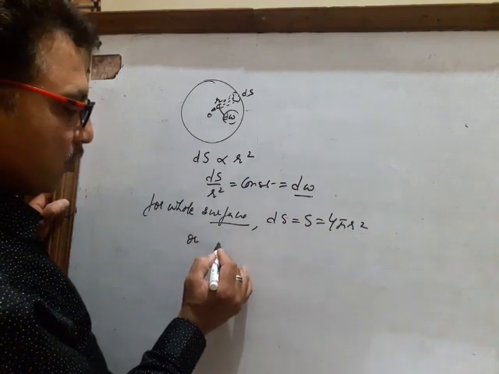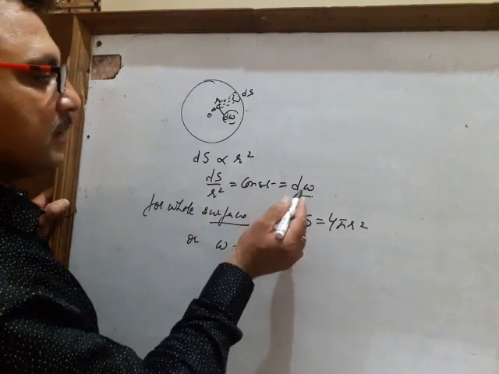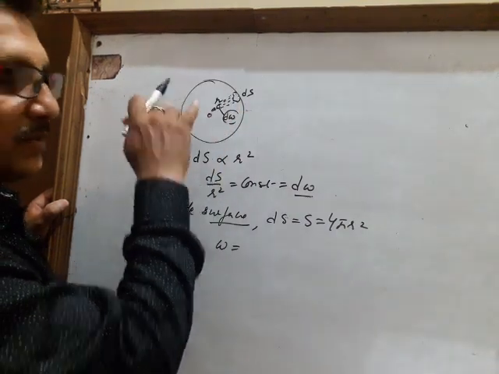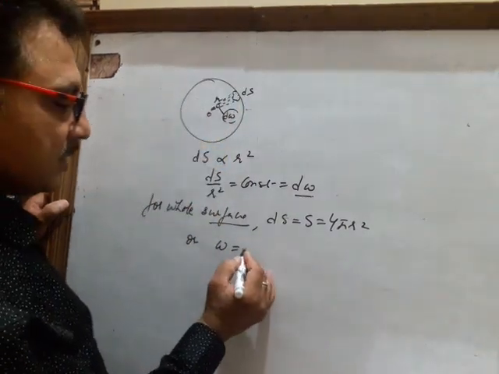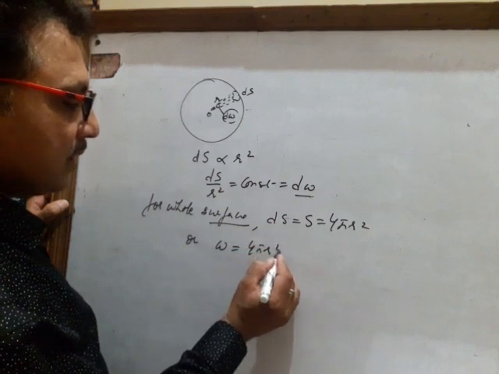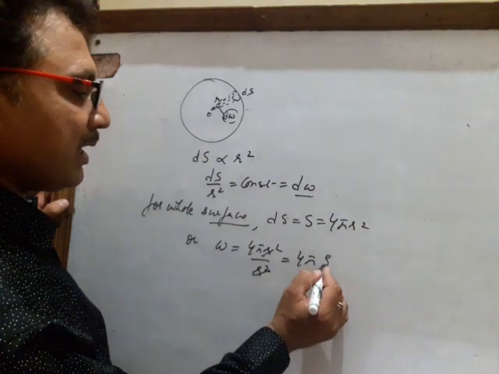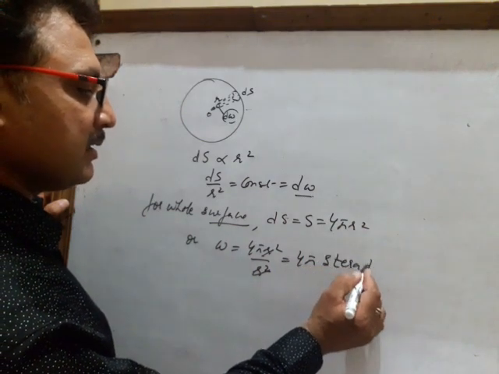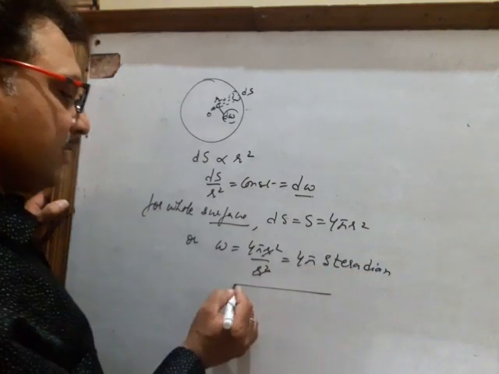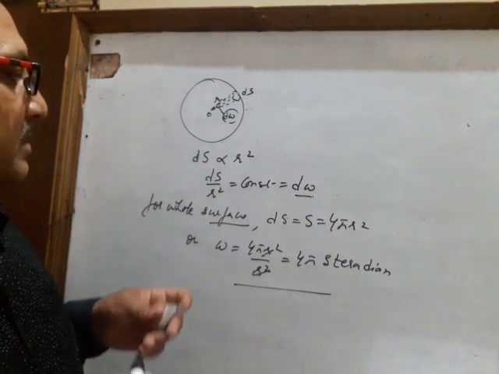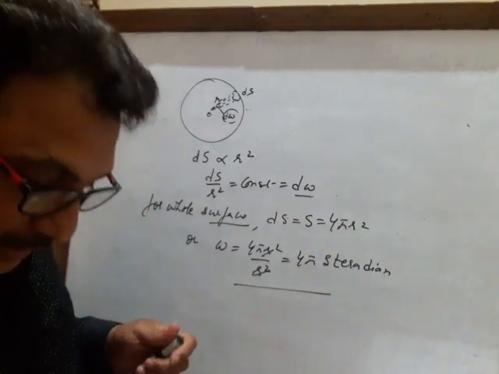Omega means the total amount of solid angle made by the whole surface of the sphere at the center. So that will be 4 pi r square upon r square. So this is 4 pi steradian. Steradian is the unit of solid angle, students. So this is what we call solid angle.